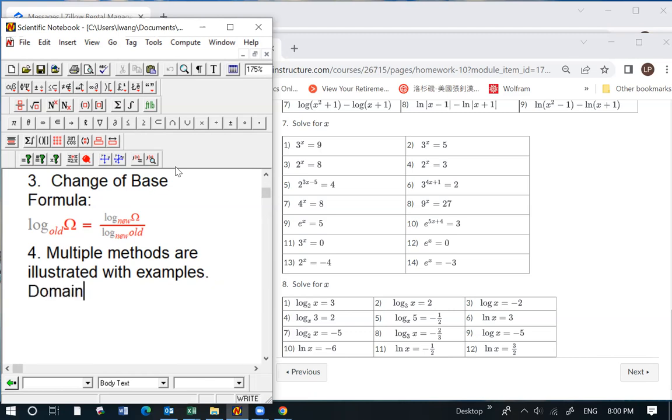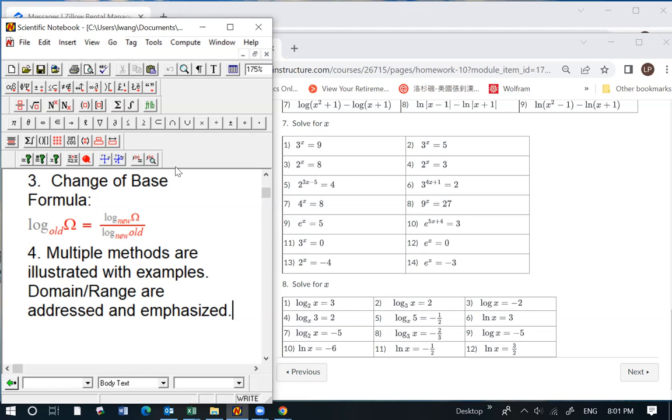Domain and range are addressed over and over, addressed and emphasized, and as their application, domain and range is much emphasized.